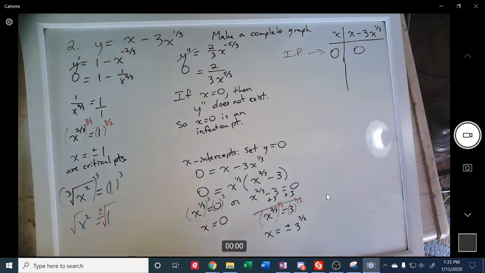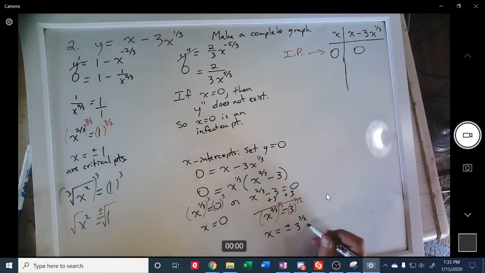Okay, now I'm going to punch this out in my calculator. 3 raised to the 1.5 power. And I'm going to get approximately 5.2.